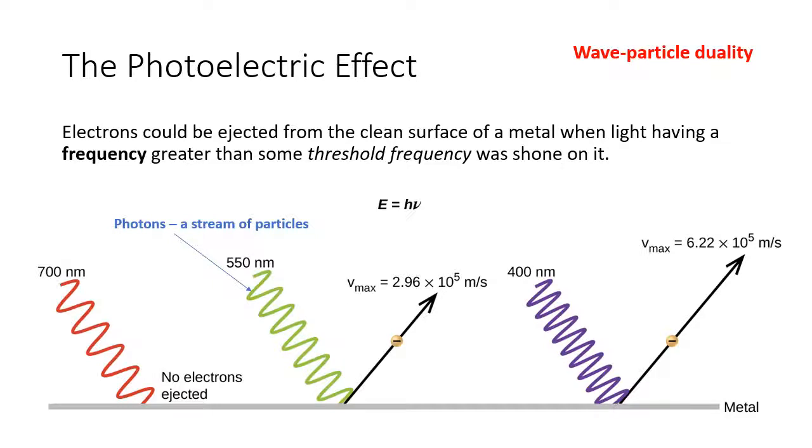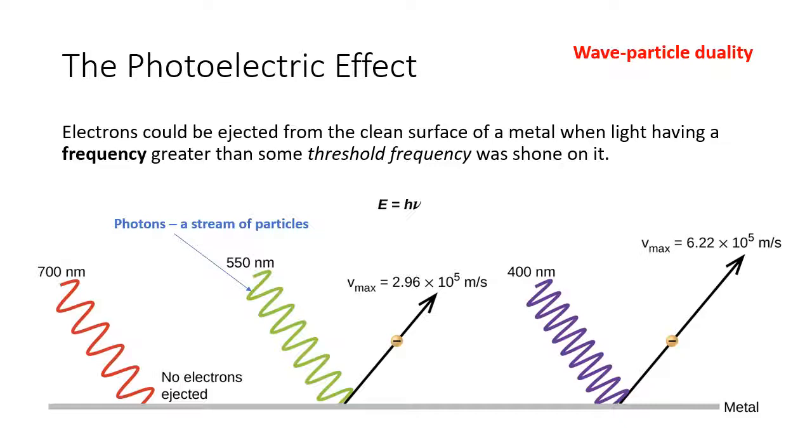A second important experiment, undertaken by Albert Einstein, showed that electrons could be ejected from the clean surface of a metal when light having a frequency greater than some threshold frequency was shone upon it.